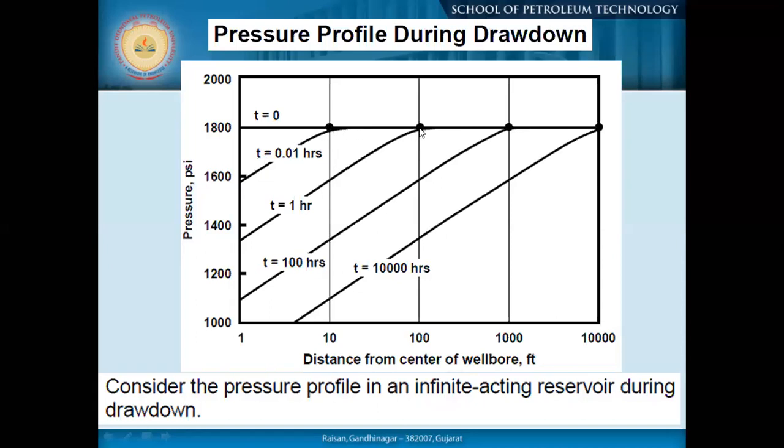The other part has not yet changed in pressure. At 1 hour, the pressure response has moved up to this, and with 100 hours, the pressure pulse moves up to this. If you try to see it visually, a concentric ring is moving away from the wellbore towards the periphery, or towards the boundary. So this is happening in terms of pressure versus distance from the wellbore with time.